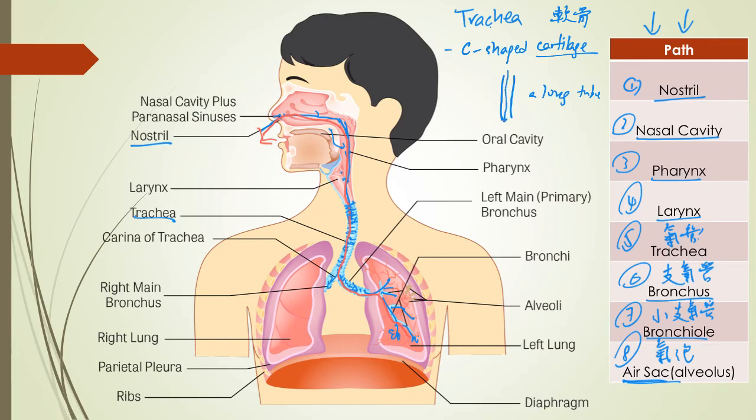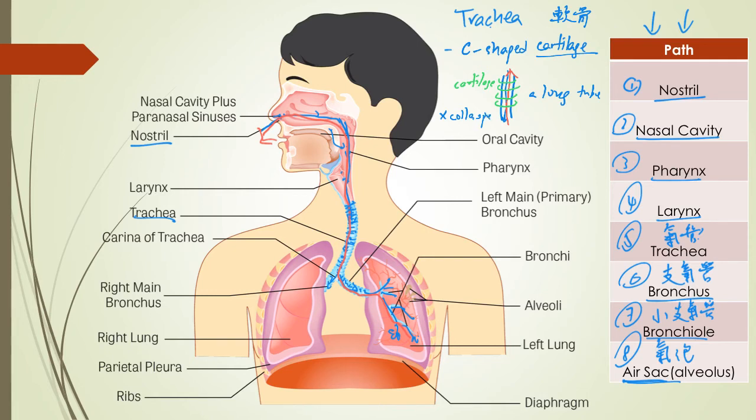The C-shaped cartilage, in fact, surrounds this tube. So why do we need this cartilage? This cartilage is very important because we need to make sure that this long tube does not collapse.